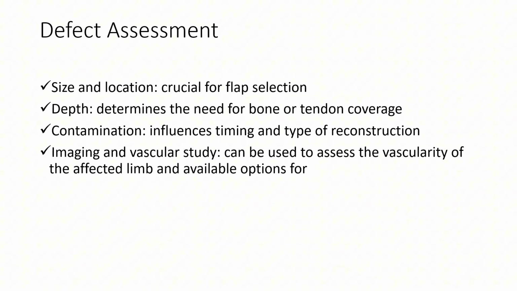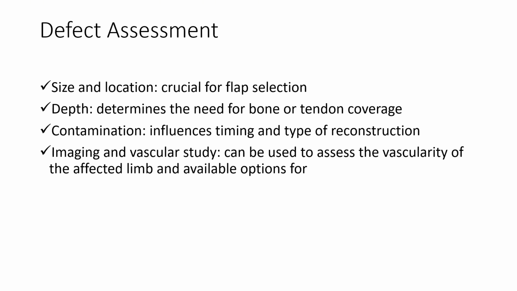We should also stress the importance of imaging and vascular study, because there is a need for us to look into the available options to be used as recipient vessels when we are considering a free flap.